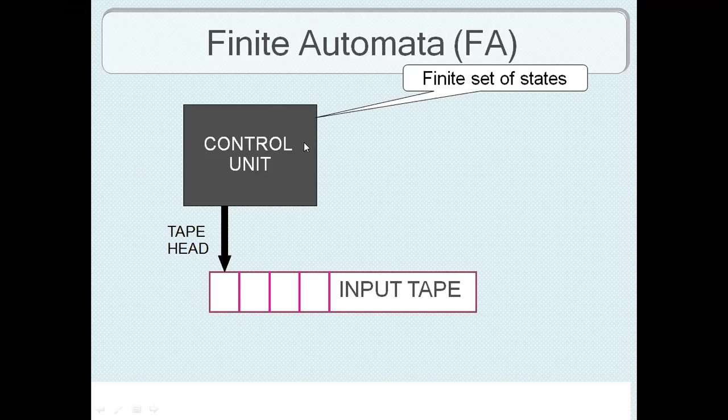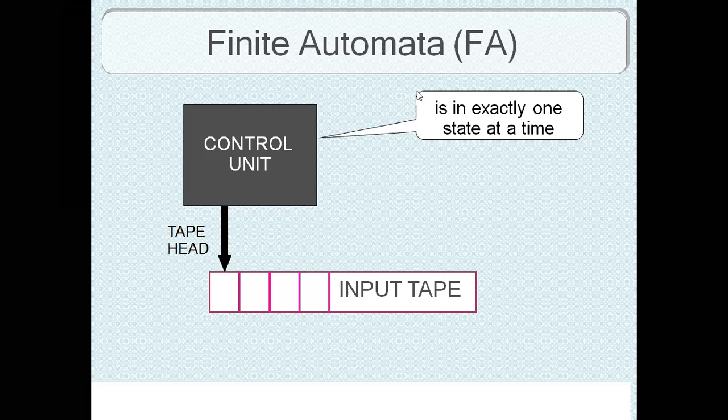So the control unit consists of a finite set of states, and it is in exactly one state at a time. So what is the purpose of the control unit? We are reading only one symbol by using the read only head from the input tape, and it is given to the control unit. So it is in exactly one state at a time.